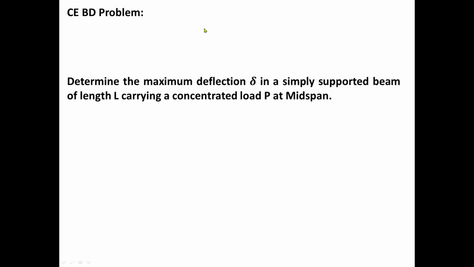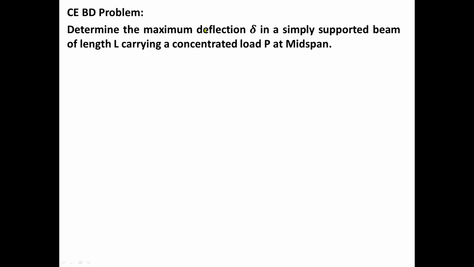Para maging klaro yung discussion natin regarding about double integration, kailangan na meron tayong halimbawang beam na ating hanapan ng deflection. So ito yung ating unang problem, CE board exam problem. Determine the maximum deflection in a simply supported beam of length L carrying a concentrated load P at midspan.